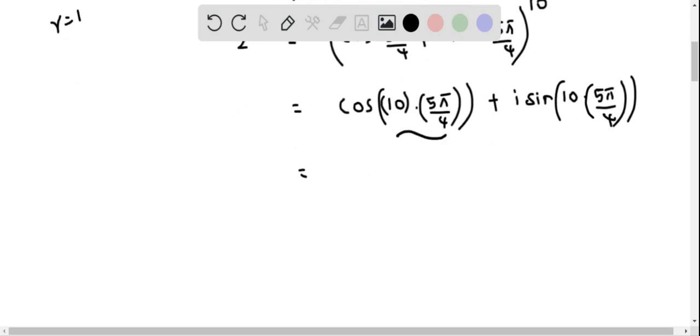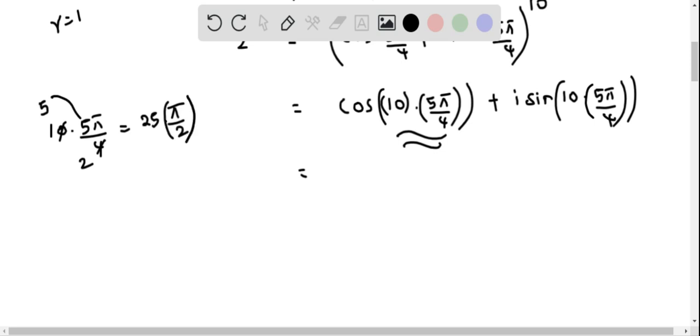Let's simplify this expression, that is 10 times 5π/4, and this equals 5 times 2, and this is 2 times 2. So basically we get 5 times 5 is 25, and π/2. So I'm going to write this as 25 times π/2.